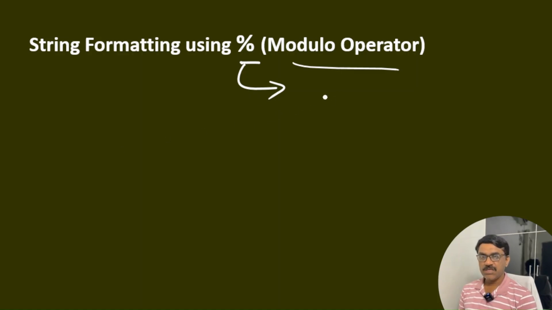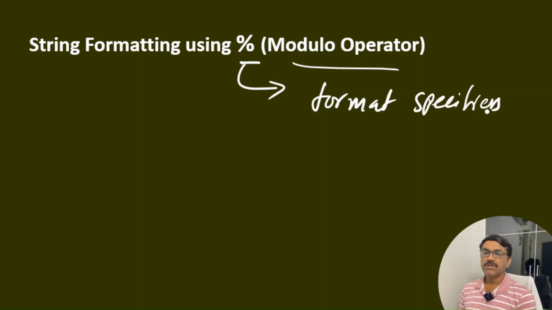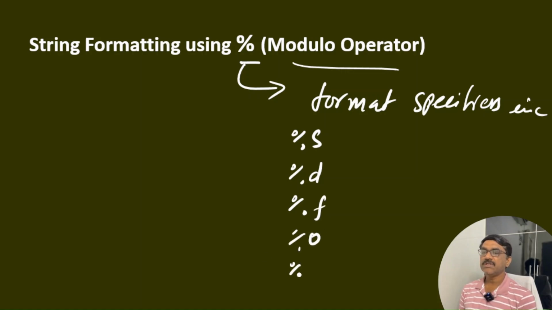In C, we know that we have some format specifiers, right? Format specifiers in C, we already discussed in the introduction classes: %s, %d, %f, %o, %x, %e.